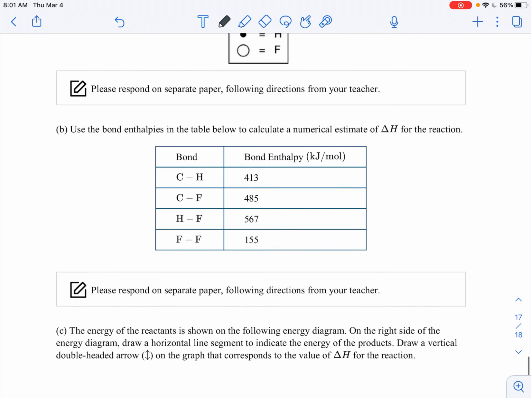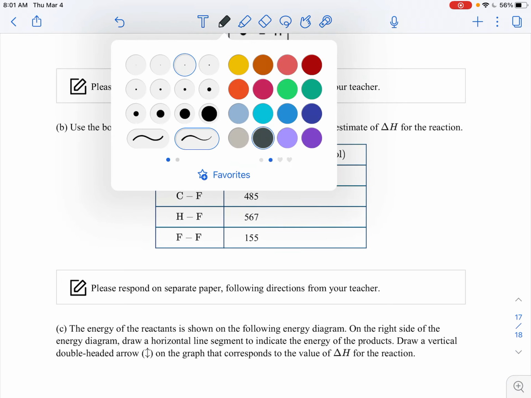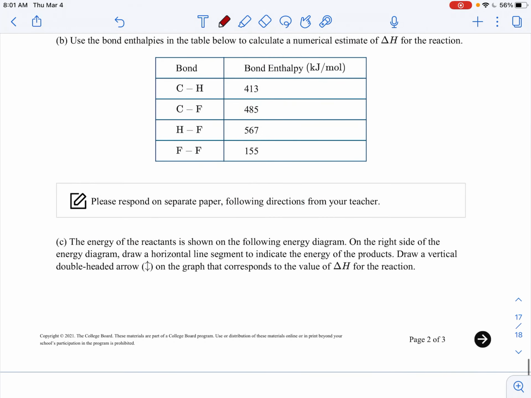Okay. Now, this says use bond enthalpies in the table below to calculate a numerical estimate of delta H for the reaction. What we're going to do for that is use the enthalpies of bonds broken minus the enthalpies of bonds formed.